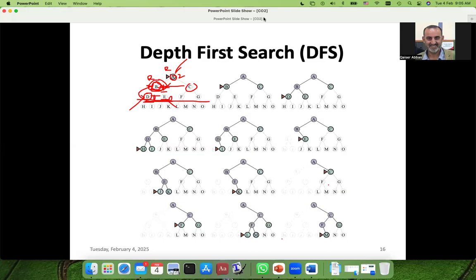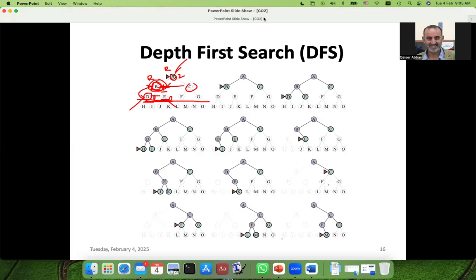Now we are calling again with this C. Is C a goal test? No. Limit is 0? No. Else, cutoff occurred is false. So here cutoff is false. And how many actions are available for C?